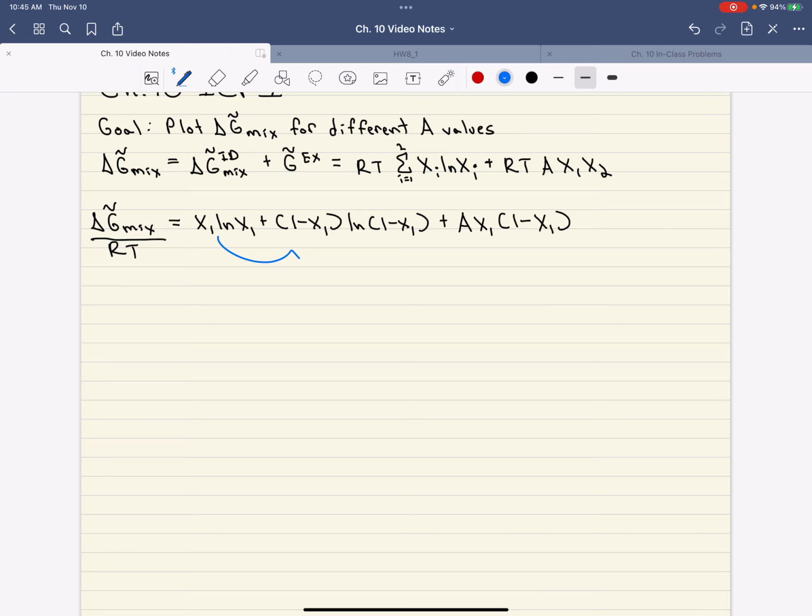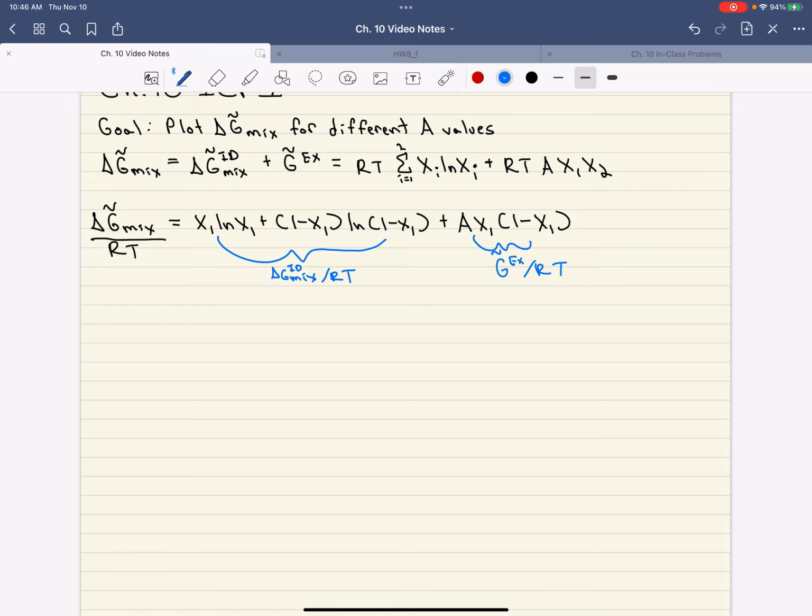So this is delta G mix ideal divided by RT, and this is our excess molar Gibbs energy divided by RT. That's all it is.